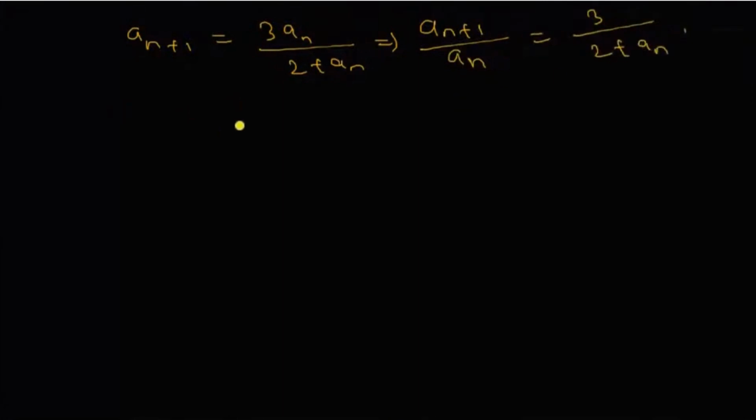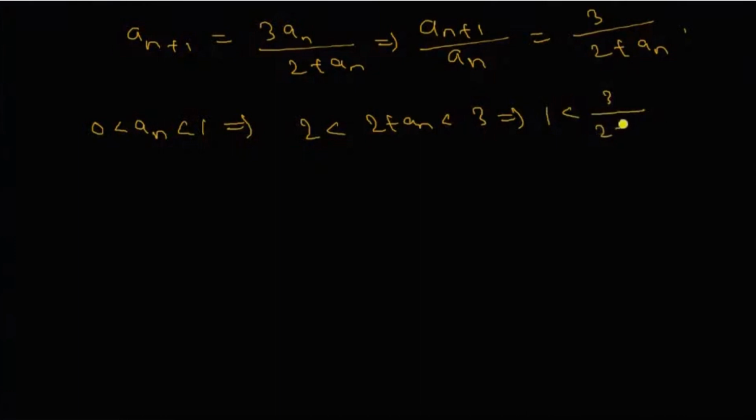Since we have already shown that 0 less than a_n less than 1, which implies that 2 is less than 2 plus a_n is less than 3, or 1 is less than 3 by 2 plus a_n is less than 3 by 2.